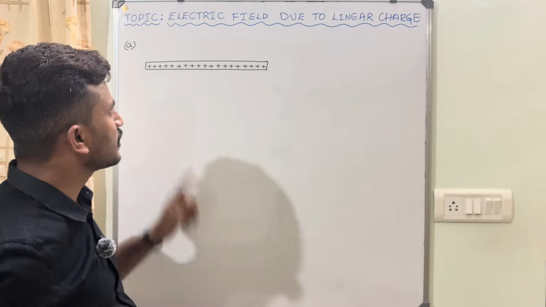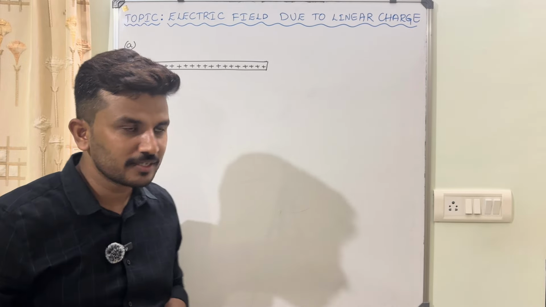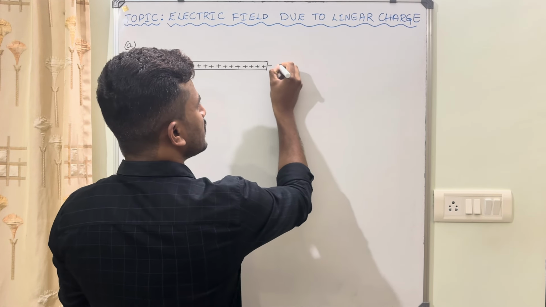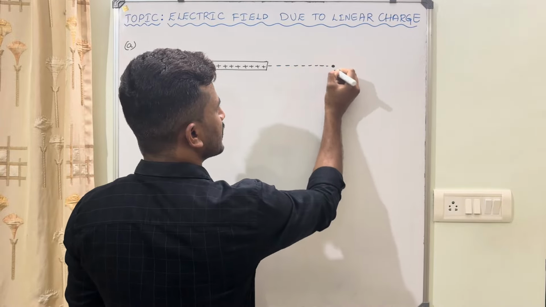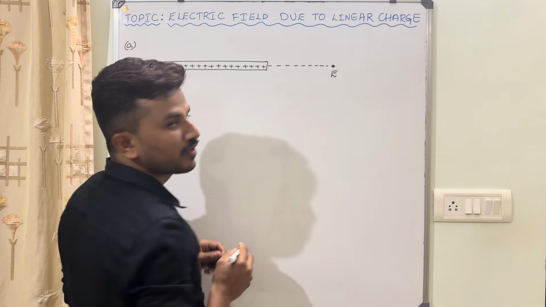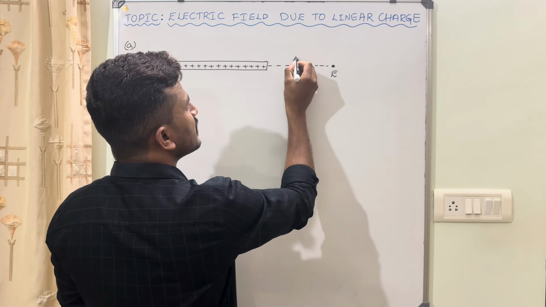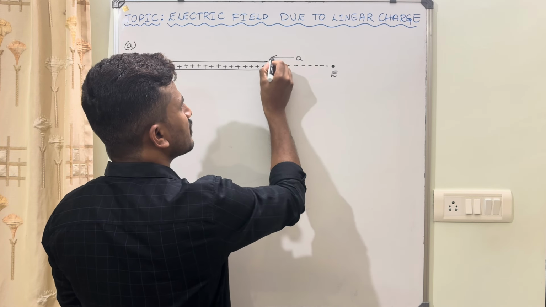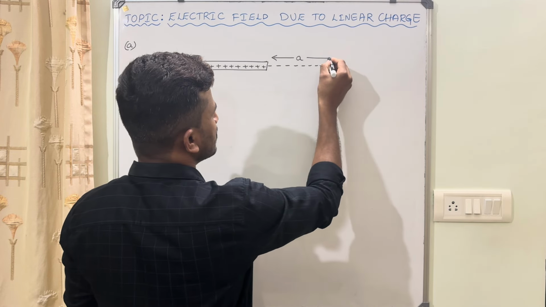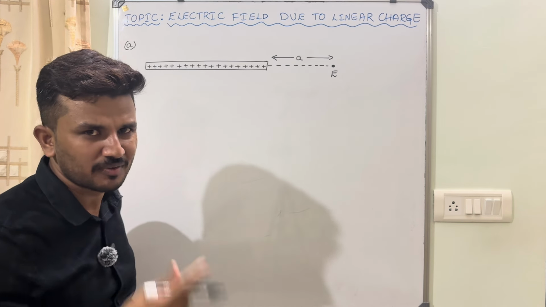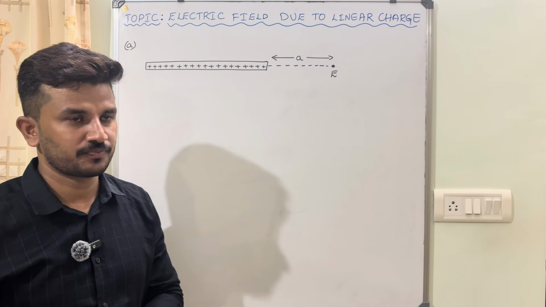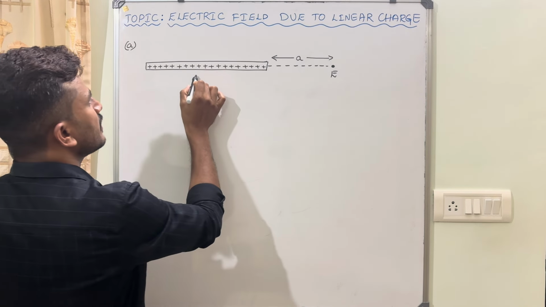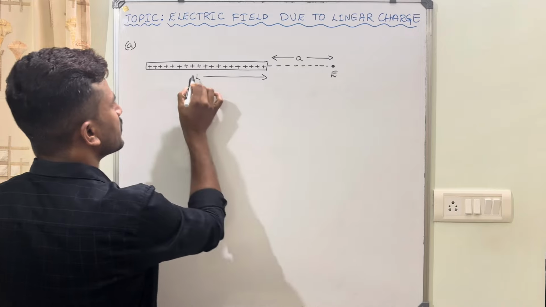What is the electric field due to this straight wire along its axis? Here, what is the electric field? Electric field along the axis, which is at a distance, let us consider A, or you can consider it as x also. It is up to you, whatever distance you need to take. You can consider it as r also. And let us consider the length of this wire is capital L.